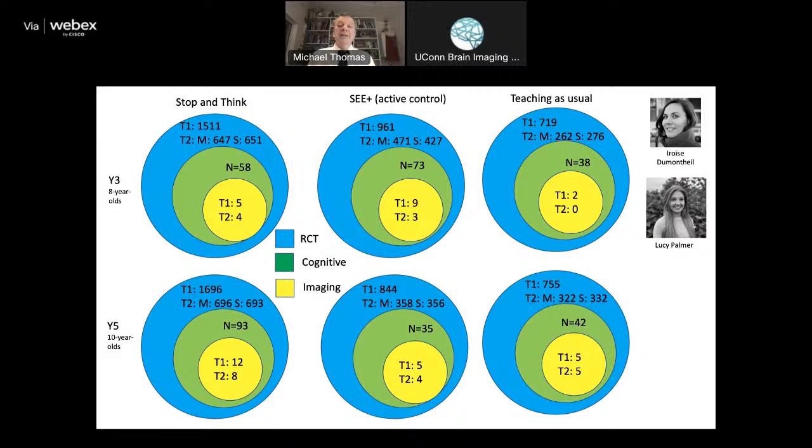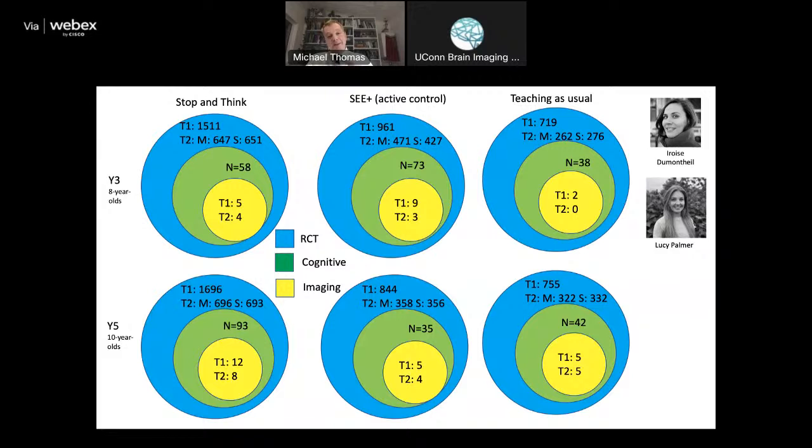Now, look, when we were doing this, we're the scientists, we want to check that it works how we think it works. We want to look at mechanisms. So the stop and think, that's our inhibitory control training approach. We had an active control because we wanted to check it wasn't just being in an intervention and playing on a computer that did the job. And we had a teaching as usual baseline.